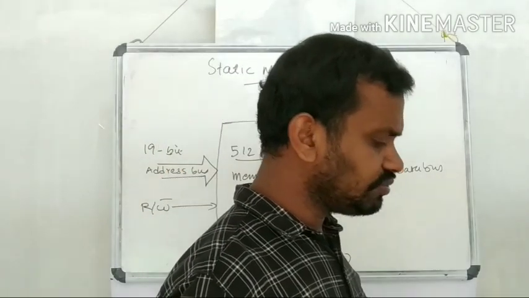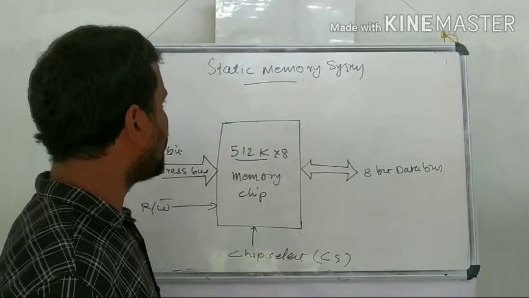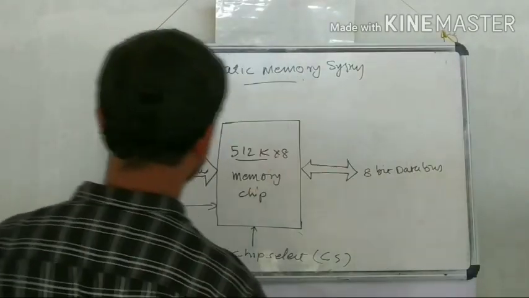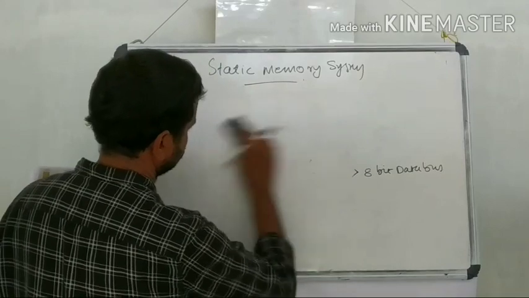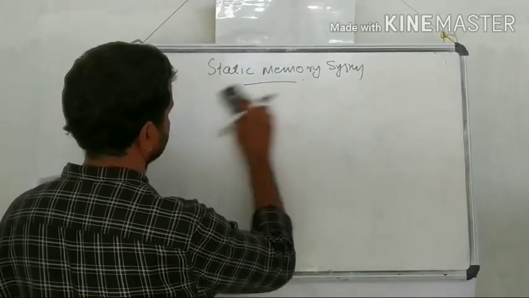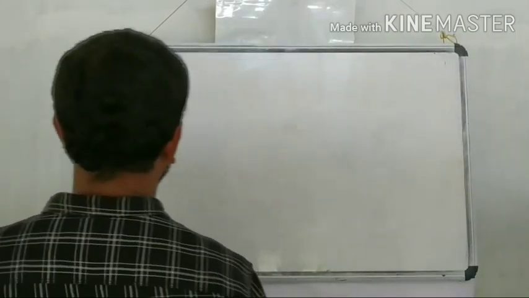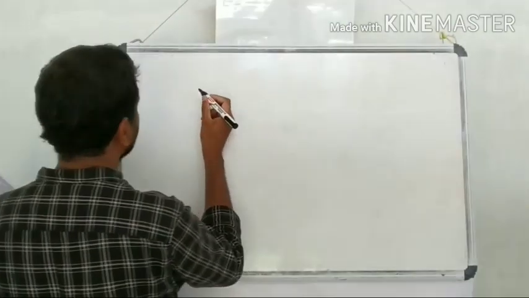Then next, how we can combine these 512K memory chips to form our large memory system. First we have to form a memory system.